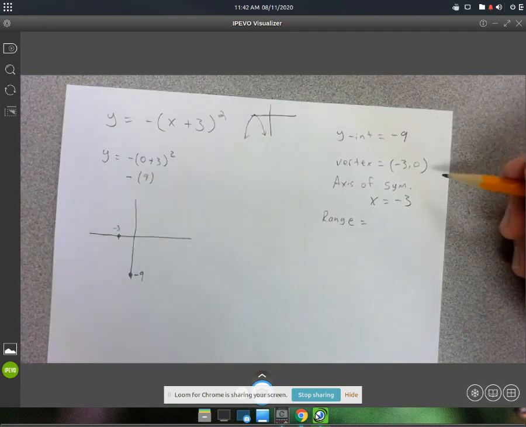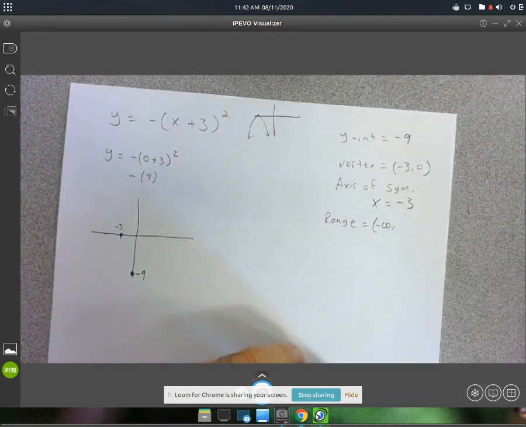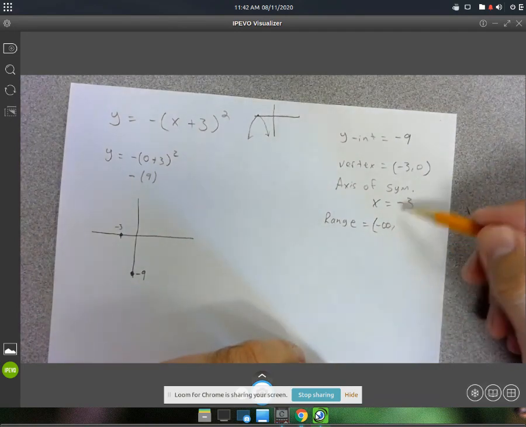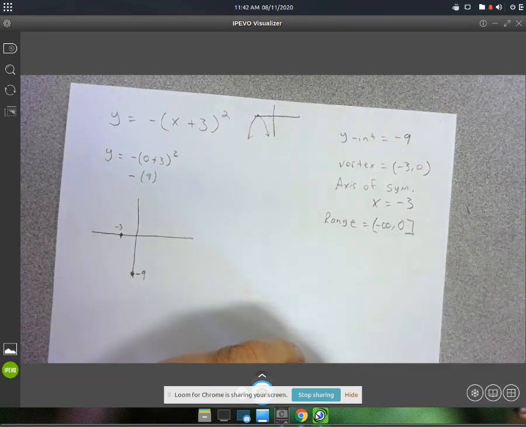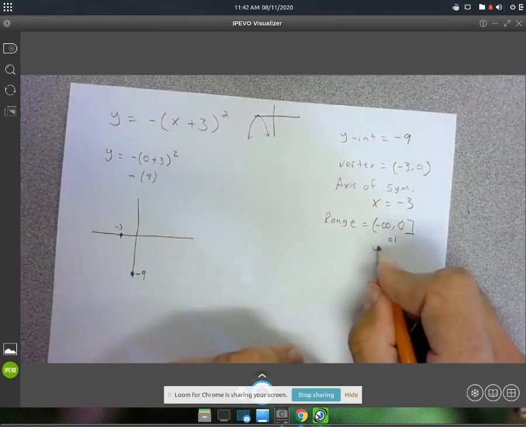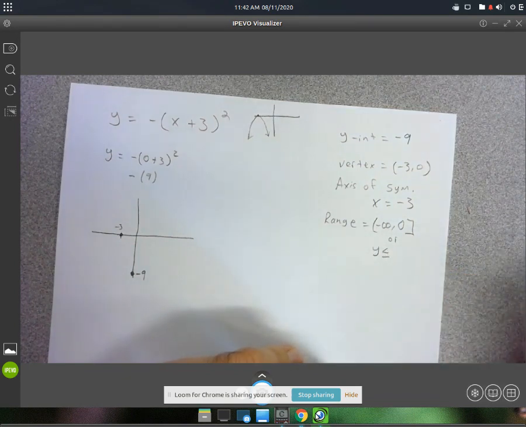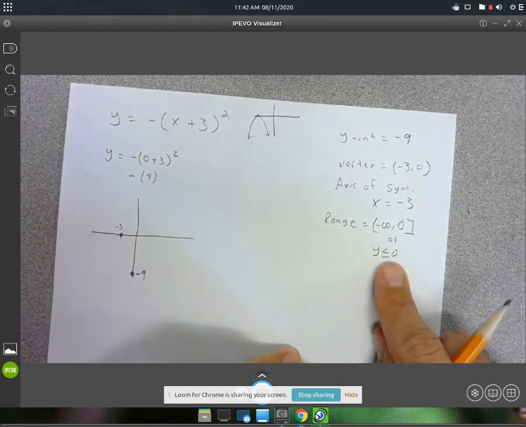Well, we know that it's opening down, so it's going to have a range of negative infinity to something, and it's going to be the y value of our vertex, so 0. If we were doing that in algebraic notation, it would be y is less than or equal to 0. So these are all the numbers that come before 0. Okay.